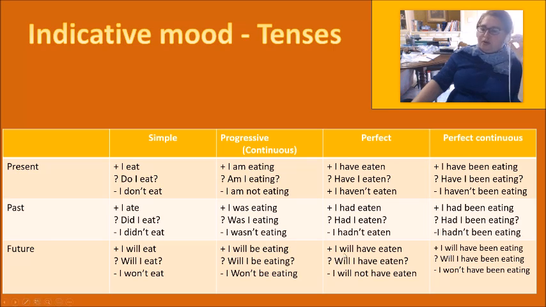What is the future perfect of the verb to be? Is I will have, instead of eaten, I put been. I will have been, and then the gerund. I will have been eating. Question is simpler. Only will goes in the first position, and negative, I won't have been eating.